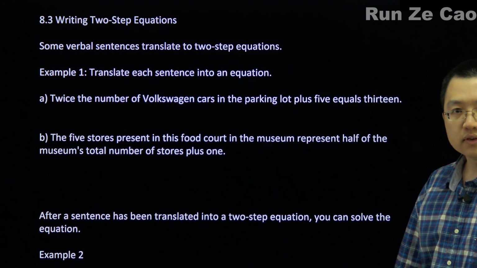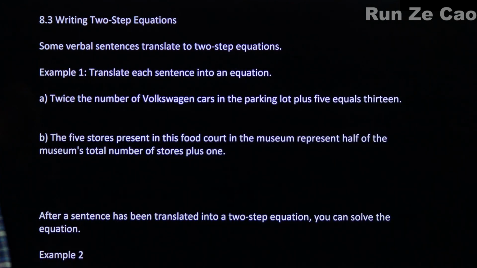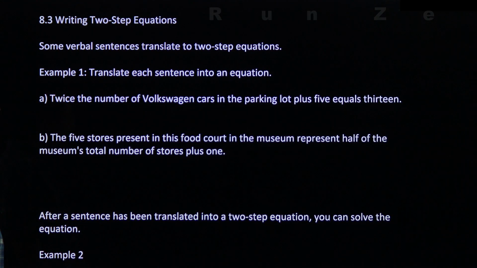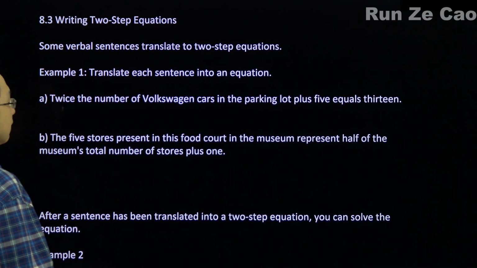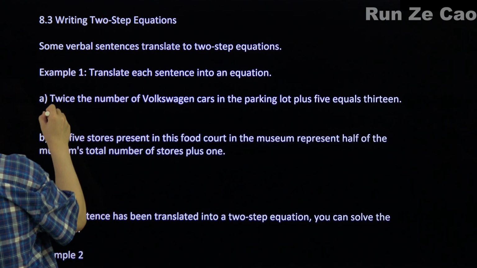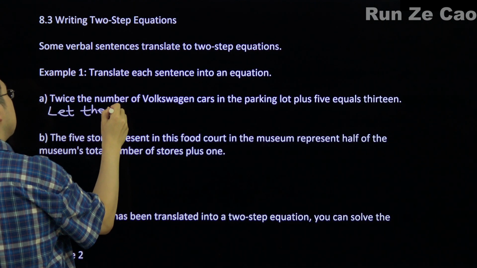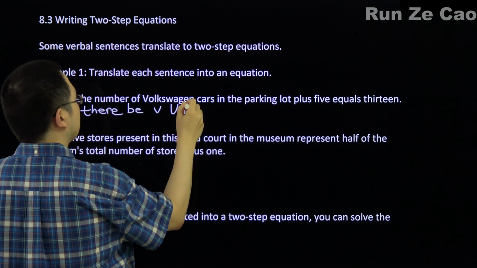Some verbal sentences can be translated into two-step equations. For example, translate each of these sentences into an equation. Twice the number of Volkswagen cars in the parking lot plus 5 equals 13. So, let there be V Volkswagens.